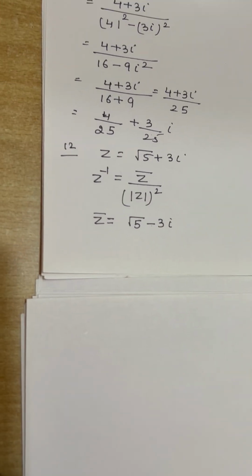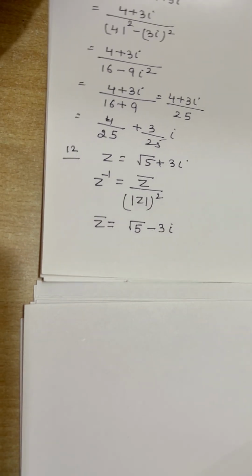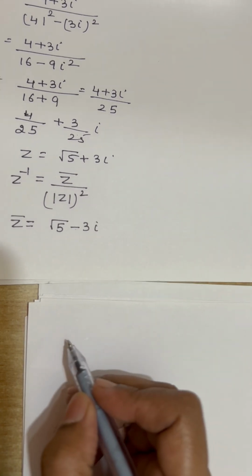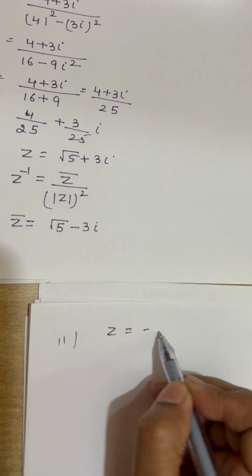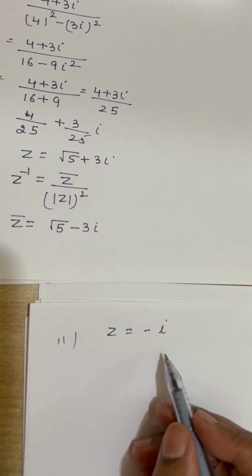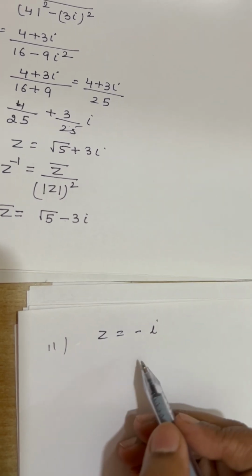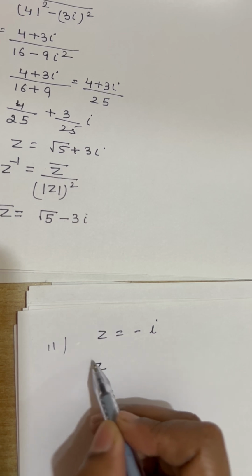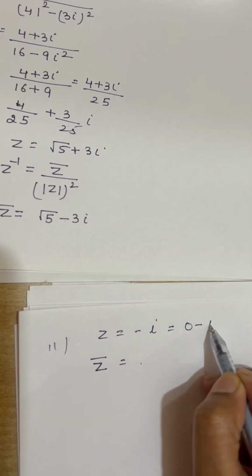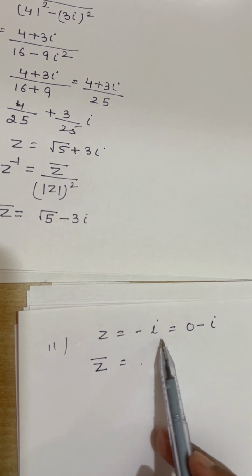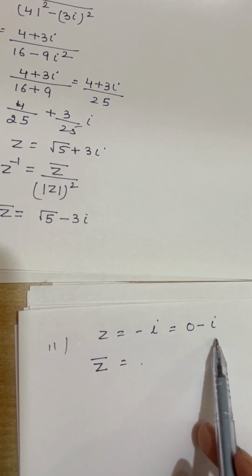Question number 11. Question is z is equal to minus iota. We have to find its multiplicative inverse. So if we do it by using second formula, conjugate, it can be written as 0 minus iota. Simply minus iota can be written as 0 minus iota.